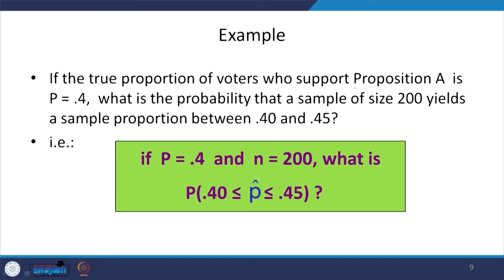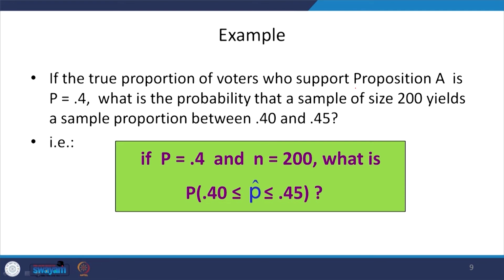We will do one small problem. If the true proportion of voters who support proposition A is P equal to 0.4, what is the probability that a sample of size 200 yields a sample proportion between 0.40 and 0.45?